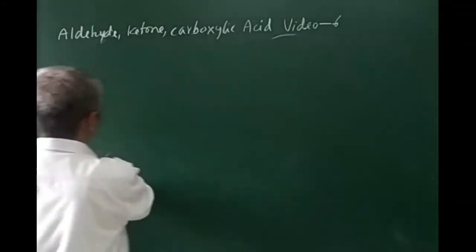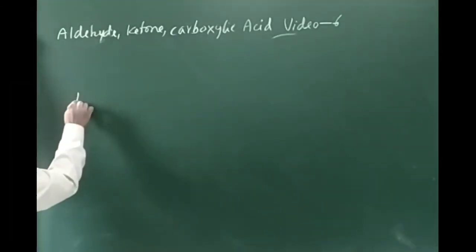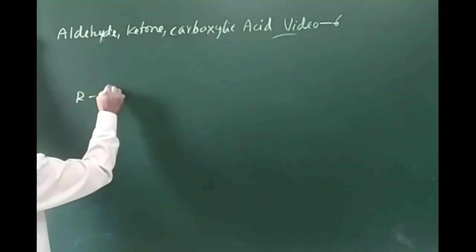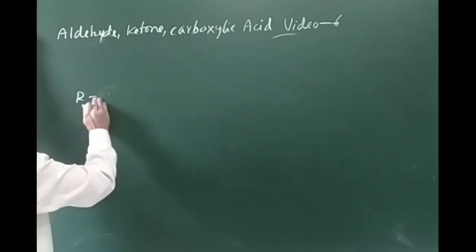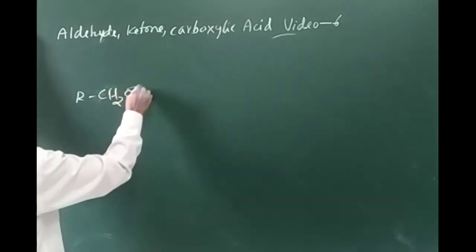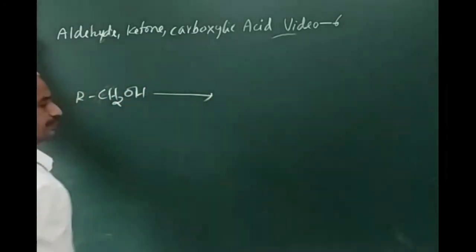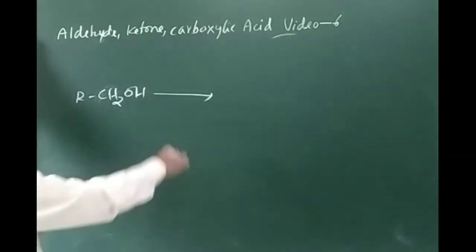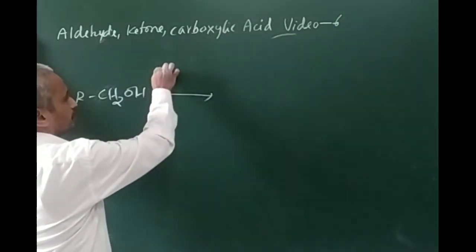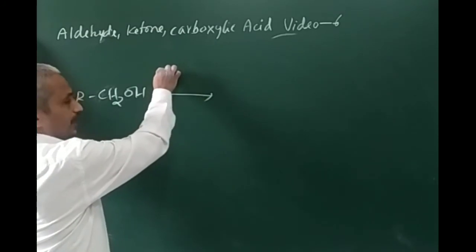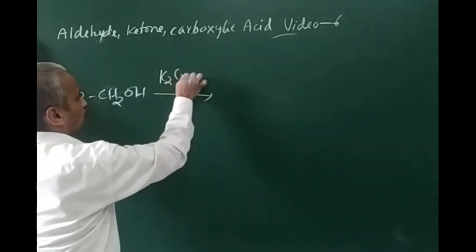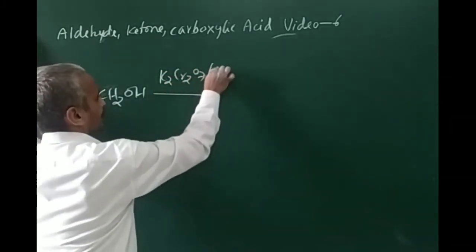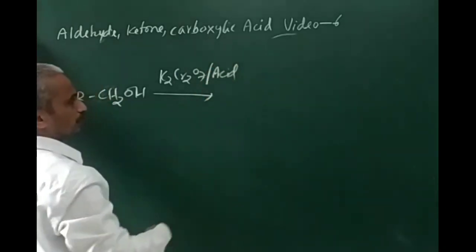Now, RCH2OH with a strong oxidizing agent like K2Cr2O7 in acid medium like H2SO4.